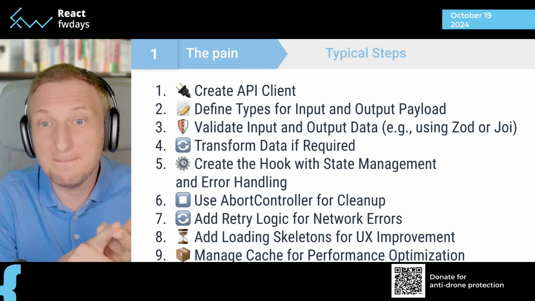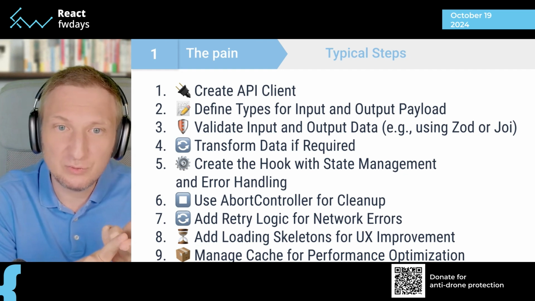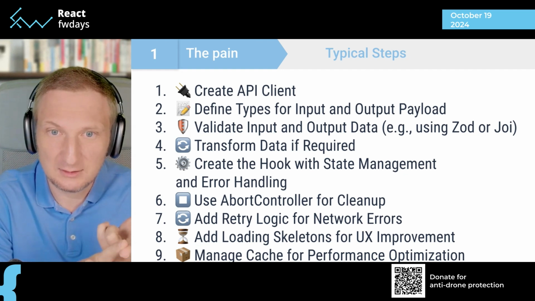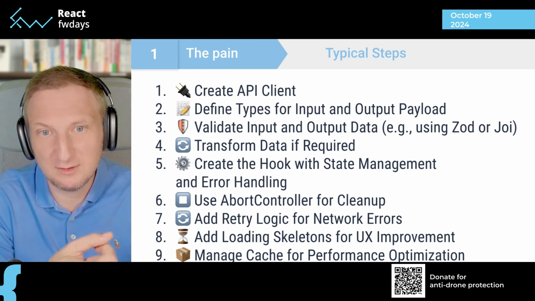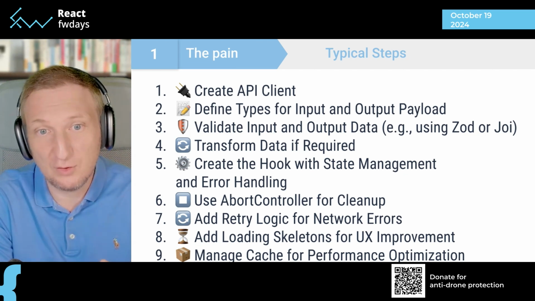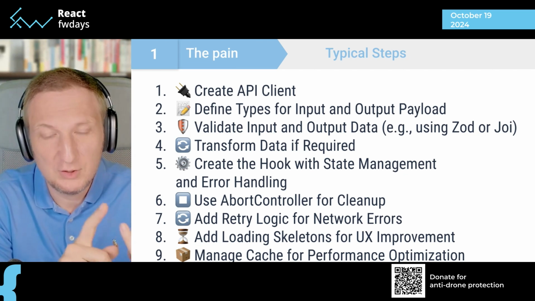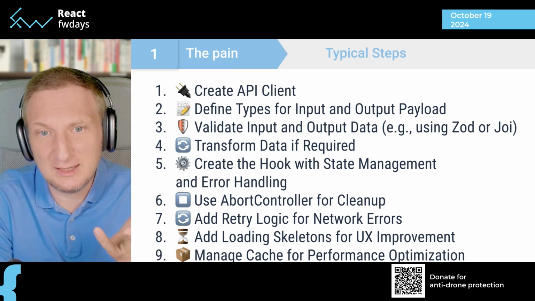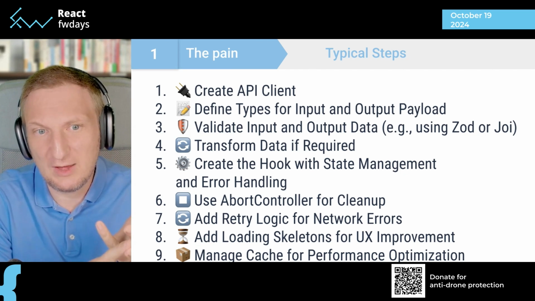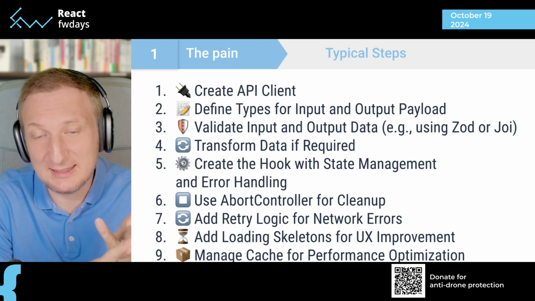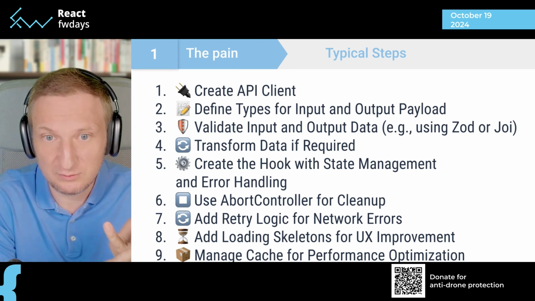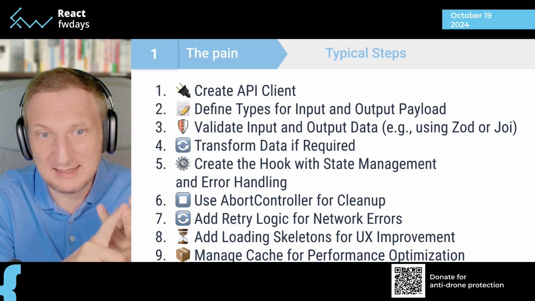We need to optionally validate input and output data. If for some reason you don't trust your API, you need to validate what you receive from it. You need to transform data in most cases. You want to have different data models in the response and what you will use in your application.